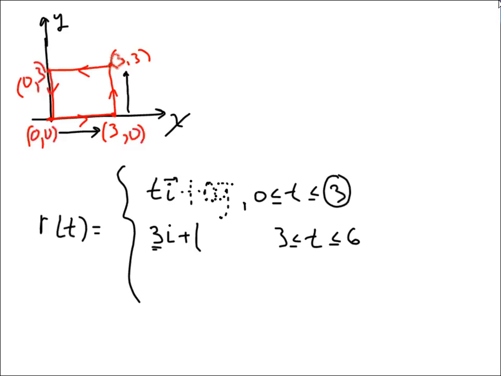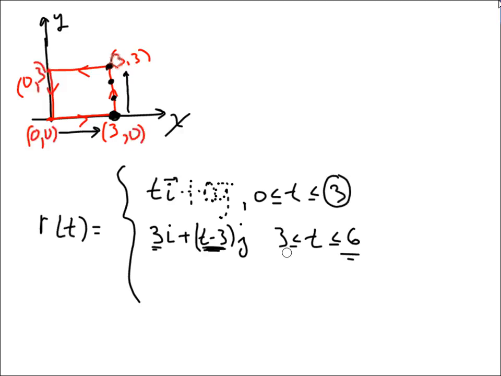Now, if I say (t minus 3) j, when t is 3, that's 0, which puts me right here. Then t is 4, and 4 minus 3 is 1, a little higher. t is 5, 5 minus 3 is 2, a little higher. And when t is 6, 6 minus 3 is 3, way up here. So it is working.